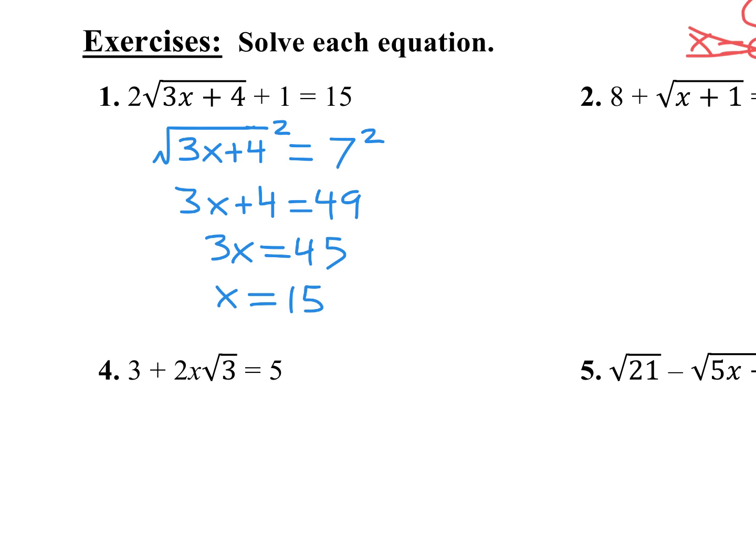All right, check your answer. If you plug in 15, this whole thing equals 49. Square root of 49 is 7. 2 times 7 plus 1, that does equal 15.